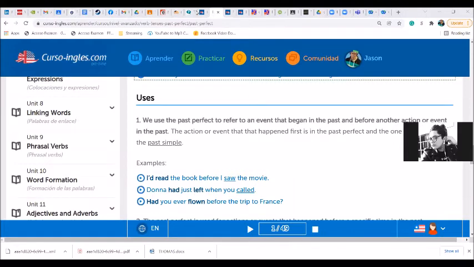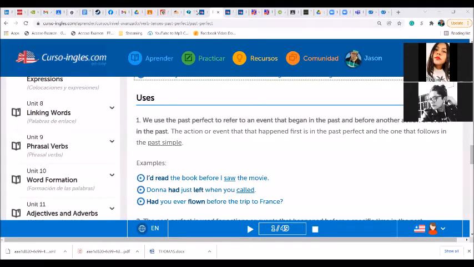The action or event that happened first is in the past perfect, and the one that follows in the past simple. Example, I read the book before I saw the movie. Had you slept when you called? Had you ever flown before the trip to France? All right.